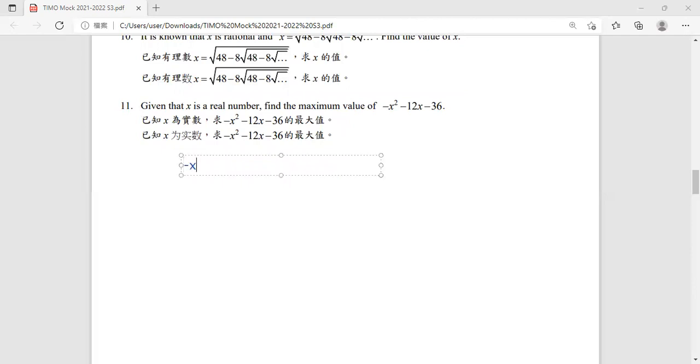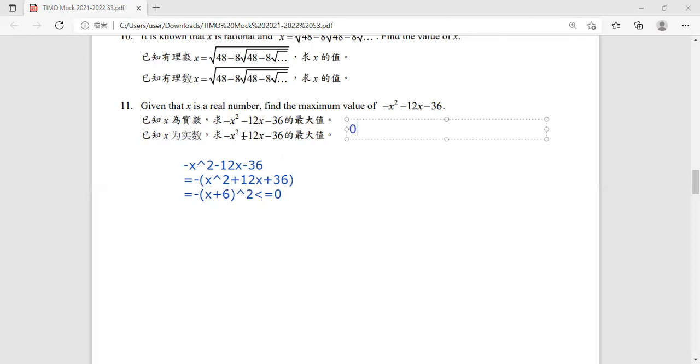Now, negative x squared minus 12x minus 36. You take out the negative, then it will be x squared plus 12x plus 36, which is equal to negative (x plus 6) squared. Now a negative square must be smaller than or equal to 0, so the maximum value of this one is 0.